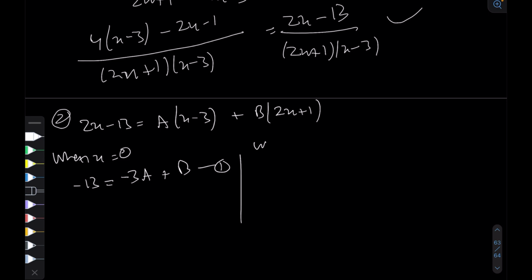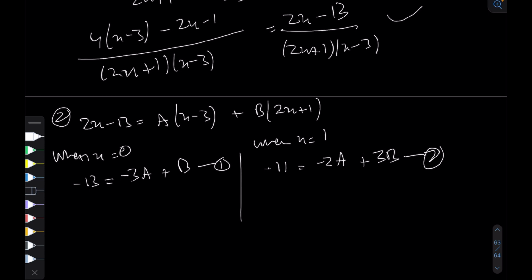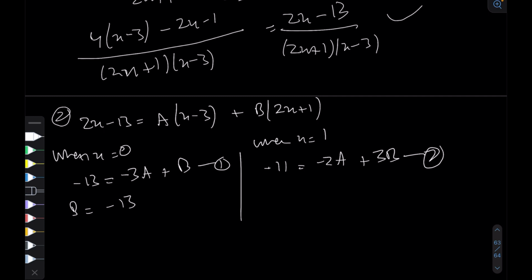The second equation, let's say when x is equal to 1, so you would have 2 minus 13, which is negative 11, is equal to negative 2a plus 3b. This is our second equation. We can simultaneously solve them. So b is equal to minus 13 plus 3a. We can substitute this.